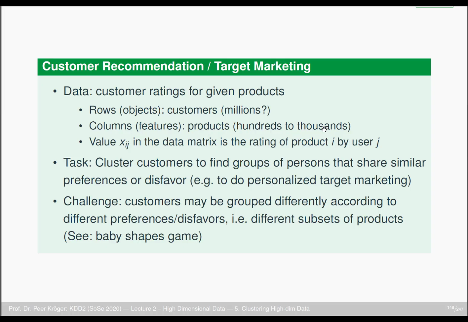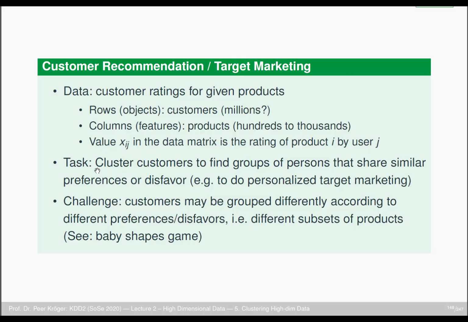And typically we have hundreds to thousands of them. So this is a really huge data matrix. Of course, the rating of product i by user j is the value in the matrix, in the ith row and the jth column.